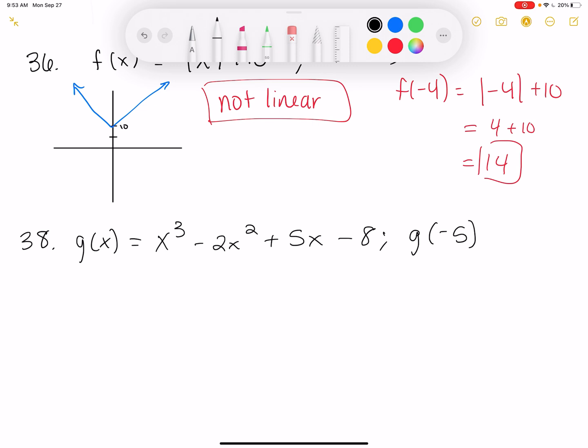All right, I'm just going to tell you what this graph would look like. This graph would look something ballpark like that. It's not linear. The cube part of it makes it do that. If you think about what values you plug in, like if you plug in negative 1 and cube it, you're still going to get negative 1.